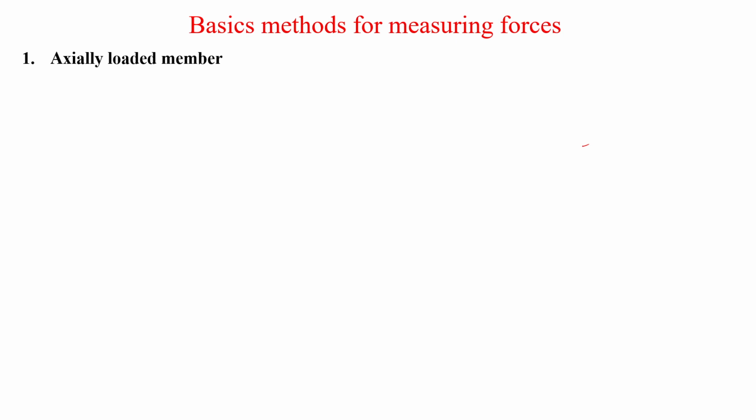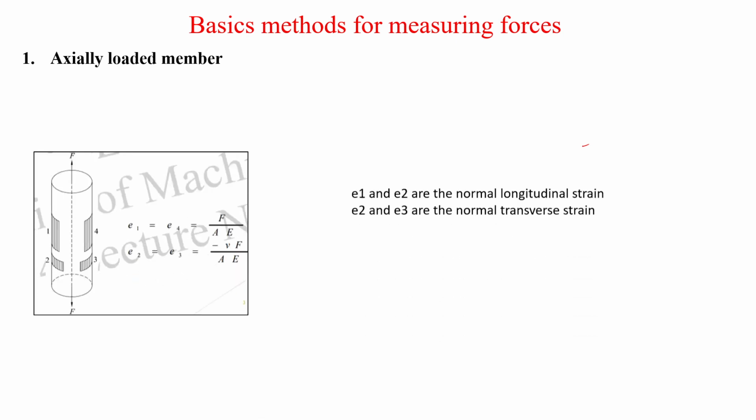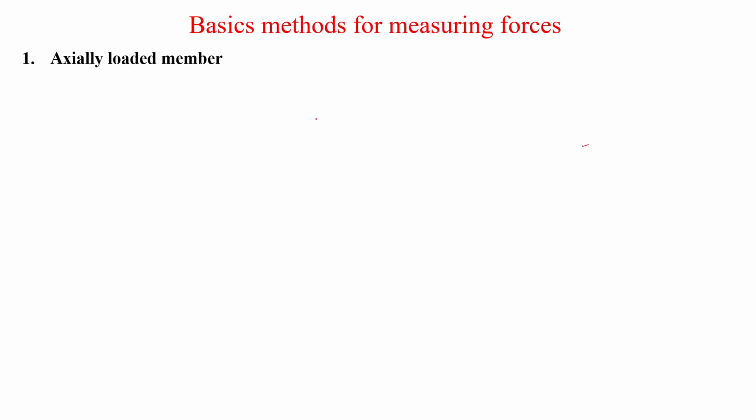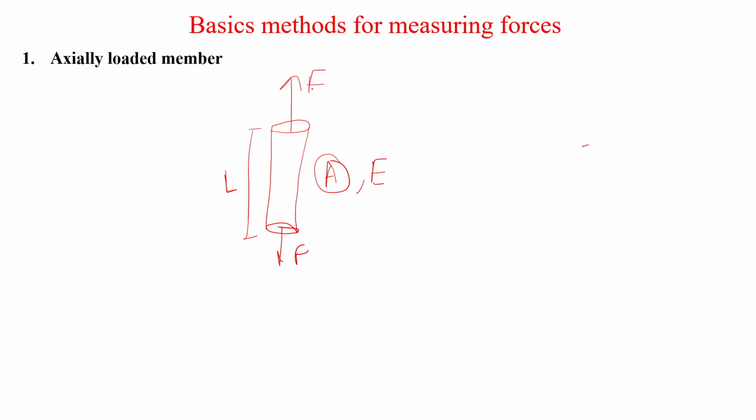So first is the axially loaded member. When you load a member axially, for example, we have this circular bar, cylinder type, whose length is L, whose area is A, and whose Young's modulus is E. And now I am stretching this material using a force F. We already know that when we stretch something by a force, the strain which develops for the axially loaded member is F by AE.